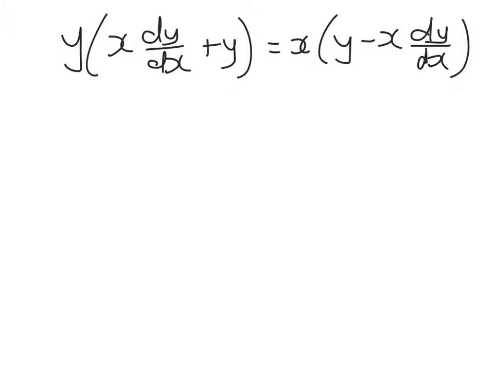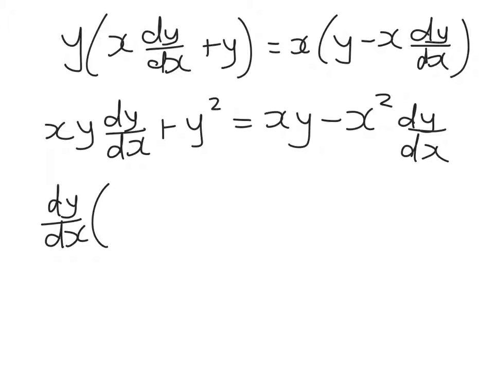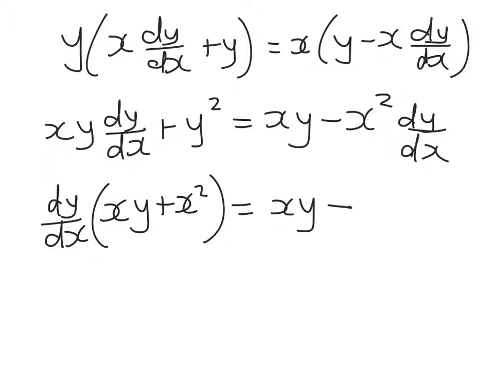So expanding, we get xy dy by dx plus y squared is equal to xy minus x squared dy by dx. Right, so now let's gather everything with a dy by dx over here. xy plus x squared equals xy minus y squared.